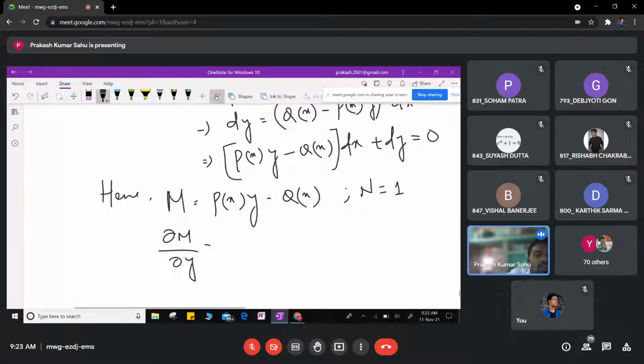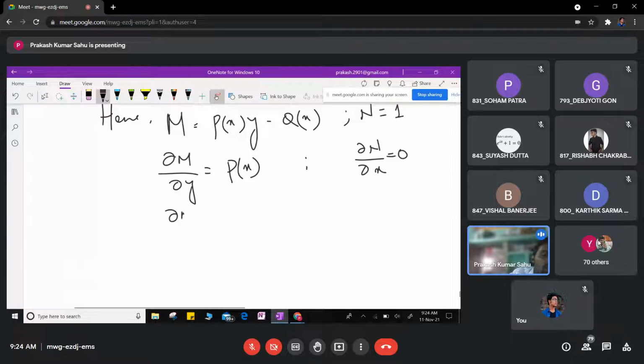Find del M by del y: differentiating with respect to y, x is constant, so px is taken outside, the derivative of y is 1 and of qx is 0. And del N by del x will be 0, because 1 is a constant and the derivative of a constant is 0. You can see these two are not equal. Del M by del y is not equal to del N by del x, so we can say this is not exact. Understood?